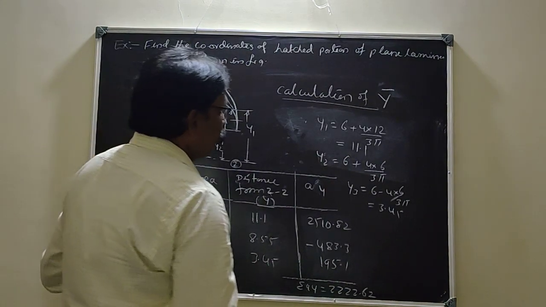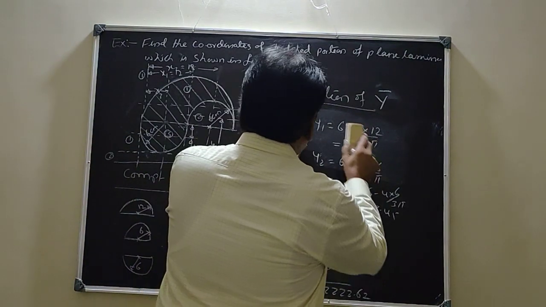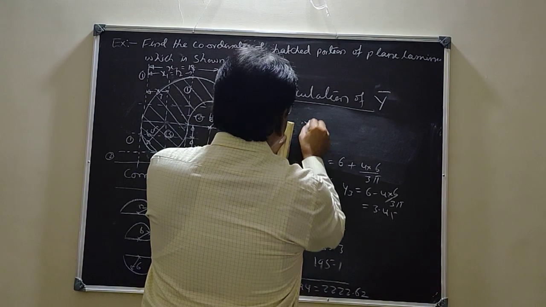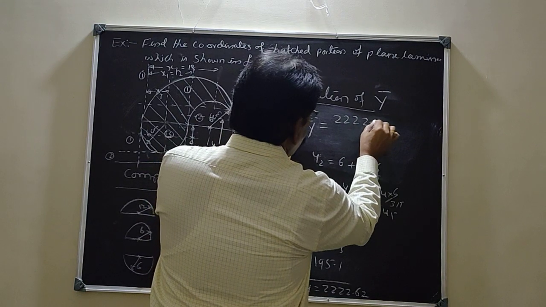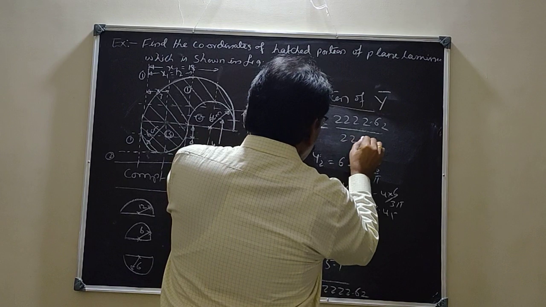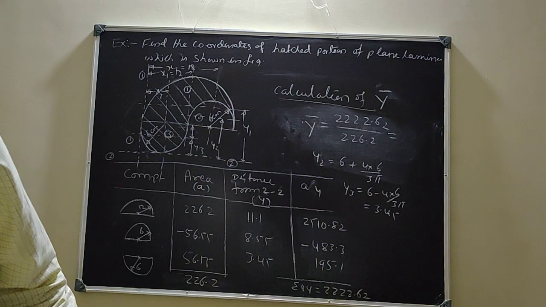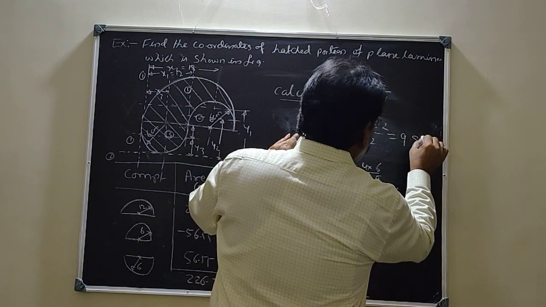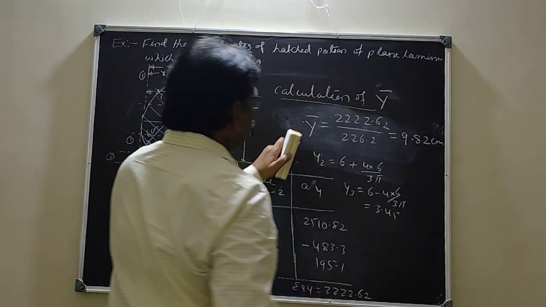So now therefore your y bar is equal to 2222.62 divided by 226.2, that works out to be 9.82 centimeter.